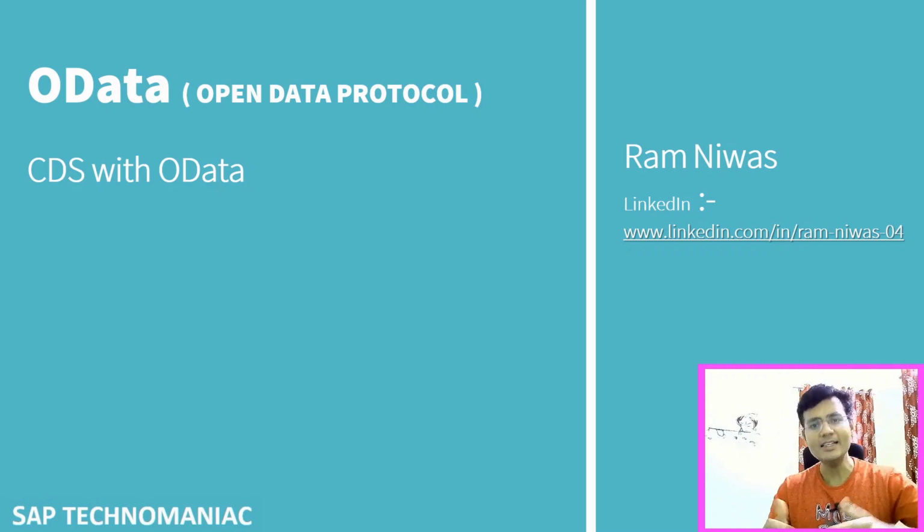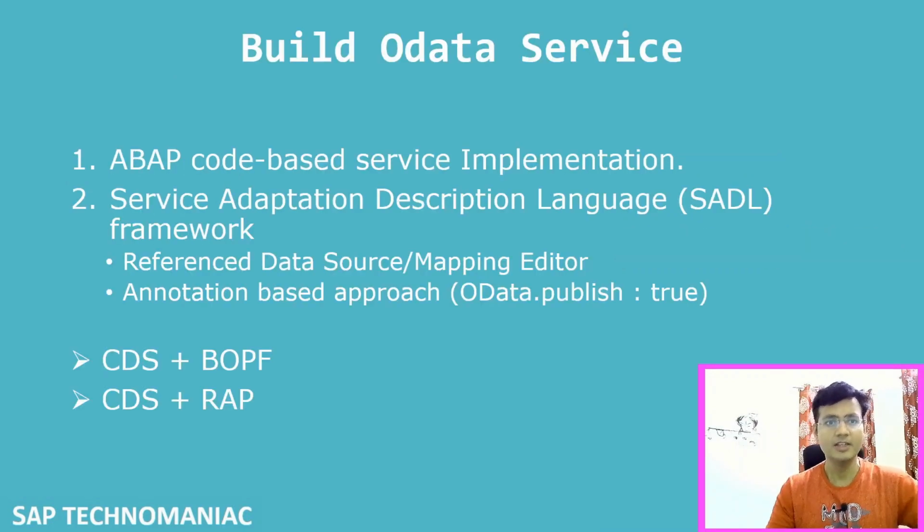Before going to that, I want to see what all are the ways I can create one OData service from SAP system. One way I saw is I can create a SEGW project and create the OData service. So let's see. The first is the ABAP code-based service implementation, which we have done till now.